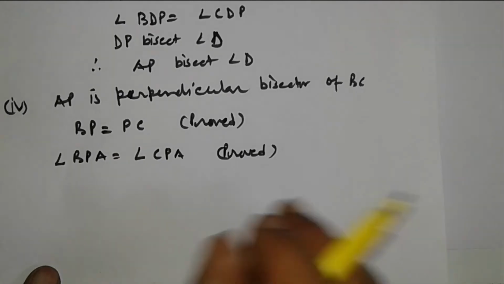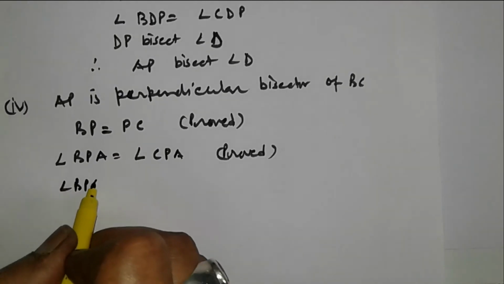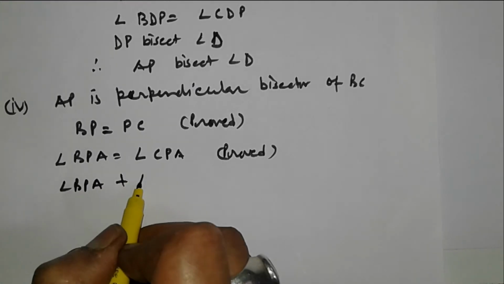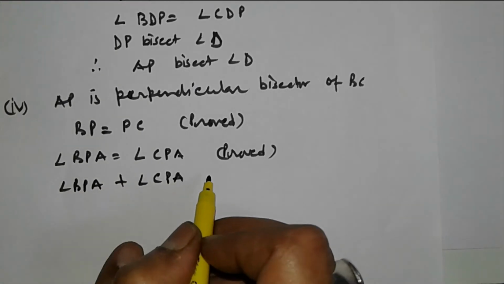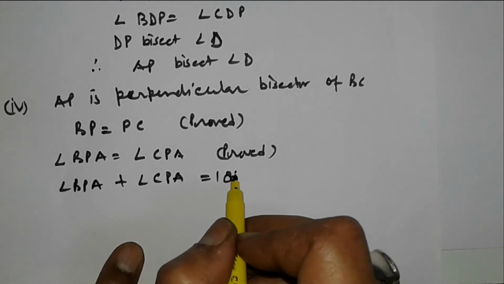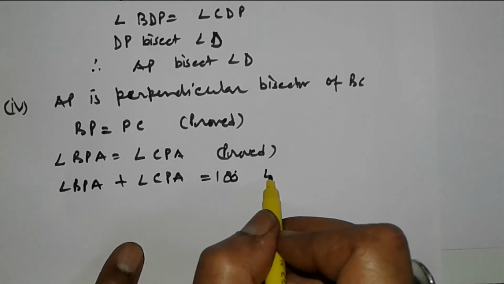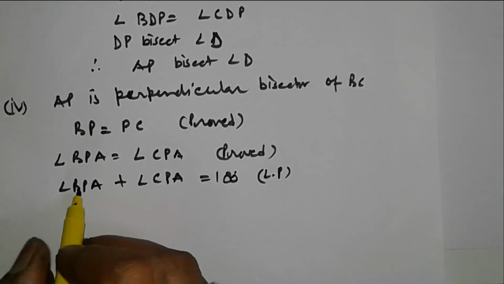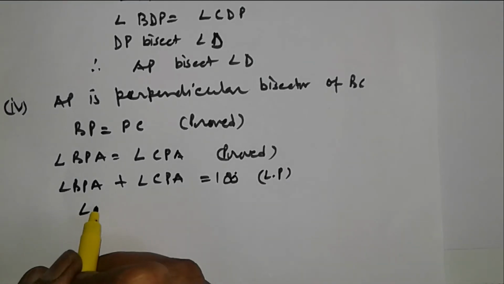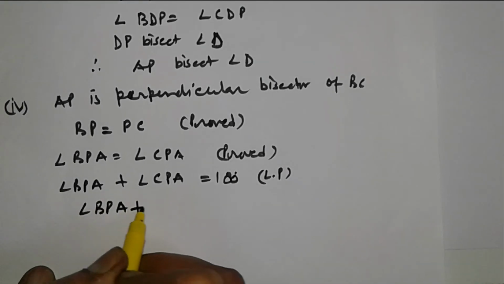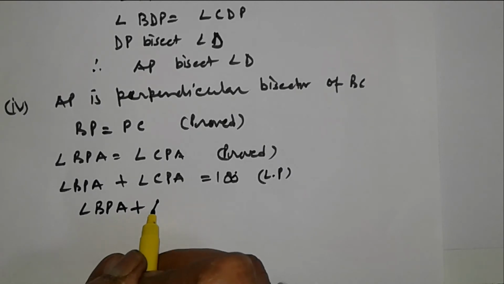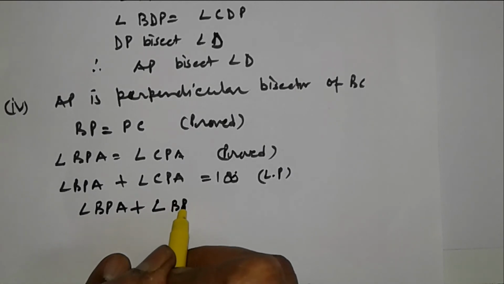And you know angle BPA plus angle CPA is equal to 180 degrees, linear pair, and both are equal to each other, so we can write angle BPA plus angle BPA, because both are equal.